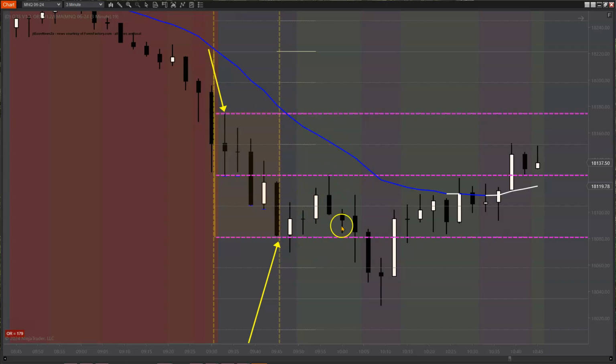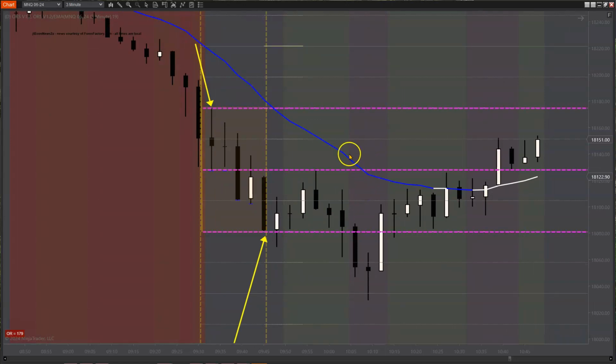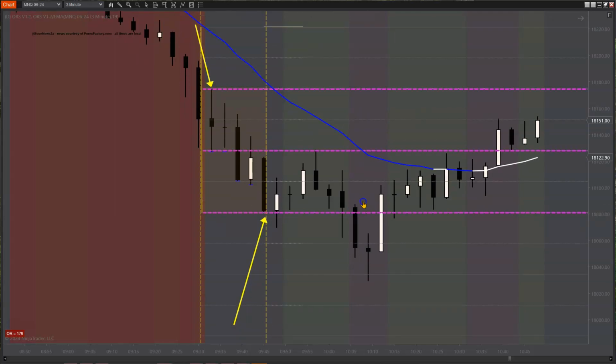We are in a buy zone, but we can't do anything. Here we're in a sell zone, and we're close below our moving average, and the moving average is blue. So we have to be close below the moving average, the moving average has to be blue, and we have to be in a red shaded area to be able to take shorts.